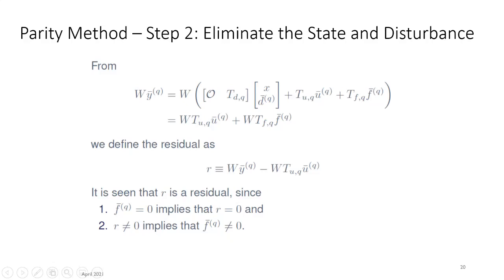W multiplied by Y minus W multiplied by T multiplied by U. If it is R, you know that if there is no fault, so if fault is 0, then R is 0. If fault is not 0, then R is also not 0.